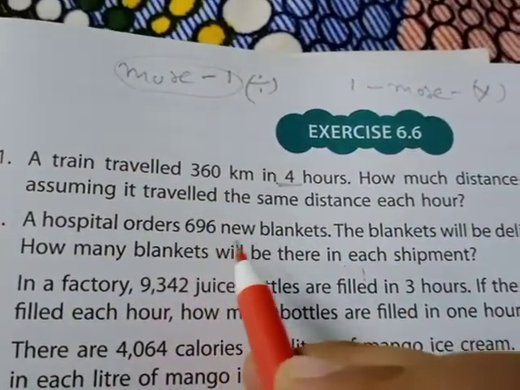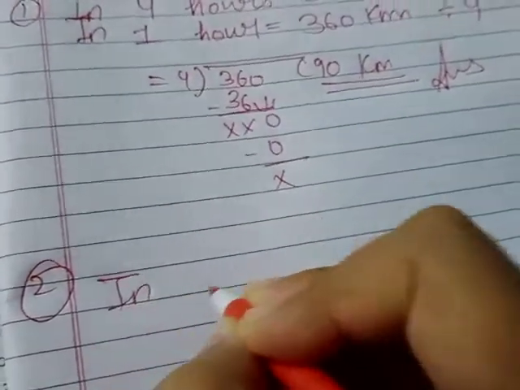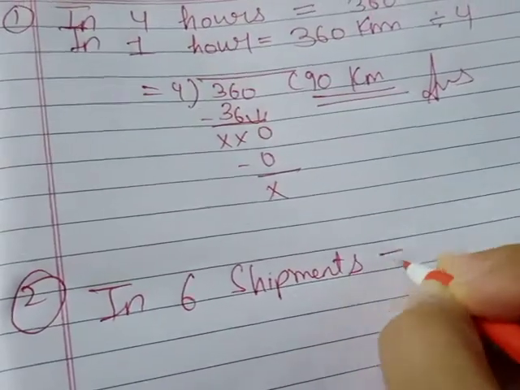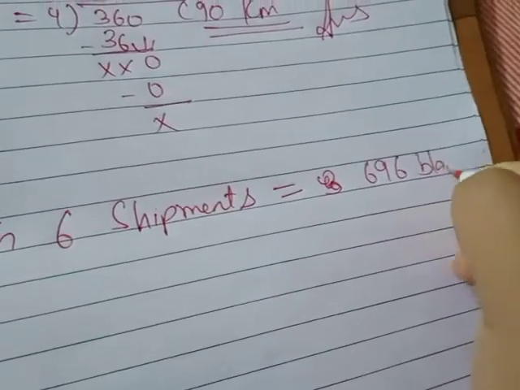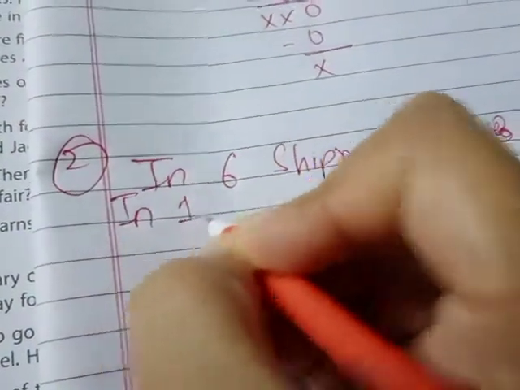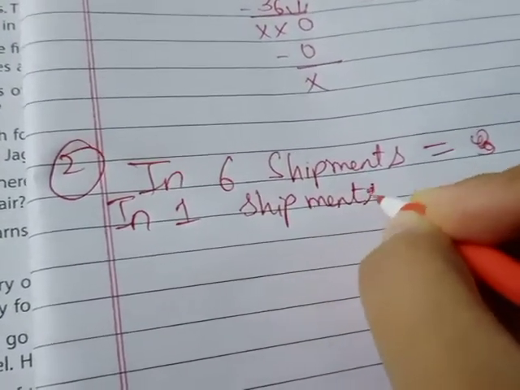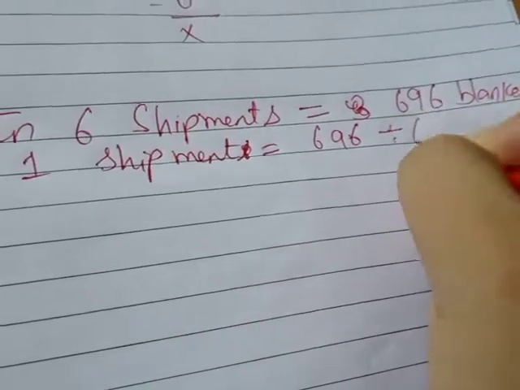Similarly, question number 2. The hospital ordered this many new blankets, to be delivered in 6 equal shipments. So we will write it like this: in 6 equal shipments, 696 blankets; in 1 shipment, it is written each, so 696 divided by 6.